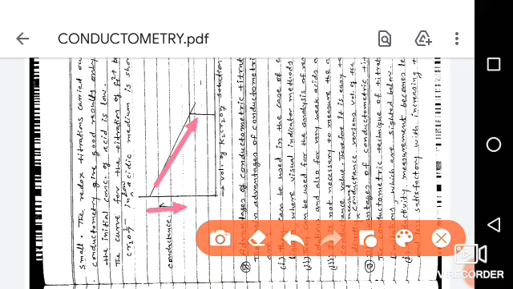Initially it is high, and then after the reaction it gets low, and after the end point it becomes constant, with no change in the conductance.